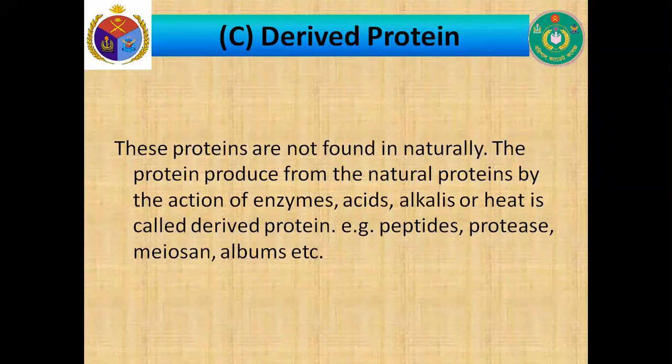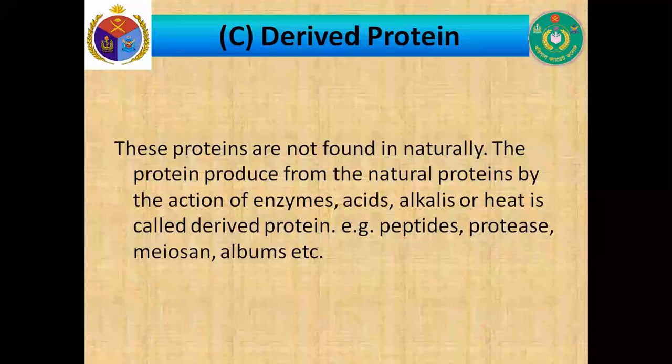Next, lastly, derived proteins. These proteins are not found naturally. The protein produced from the natural proteins by the action of enzymes, acid, alkalis, or heat is called derived protein. Peptides, proteases, and others are examples of derived proteins.